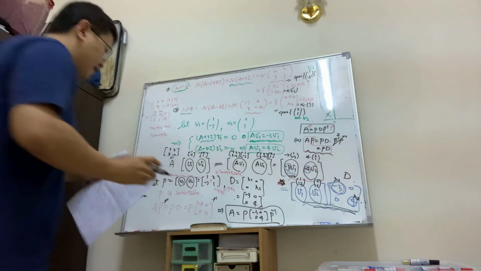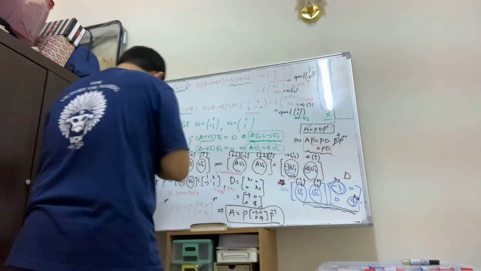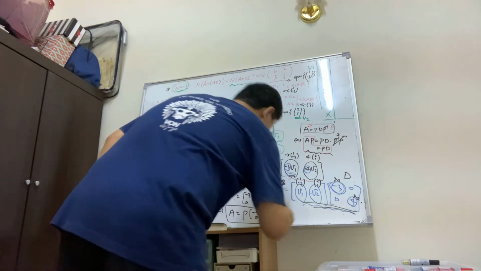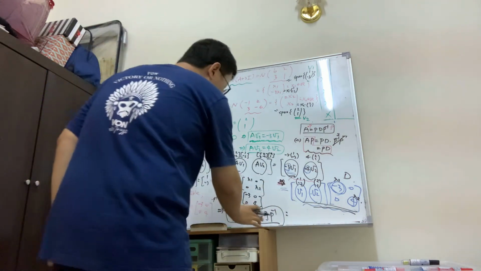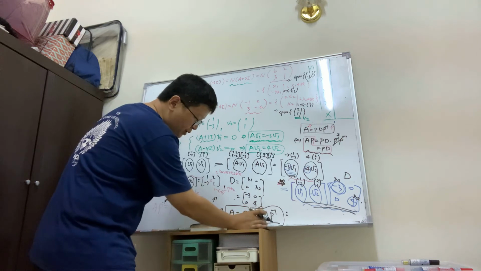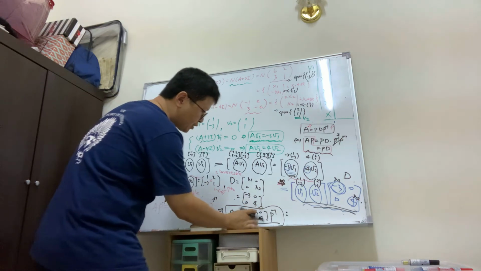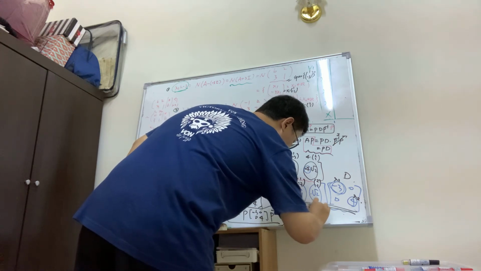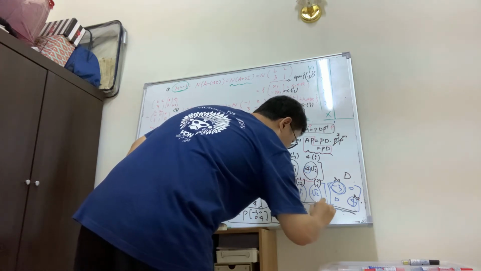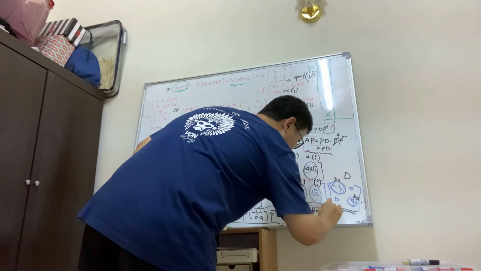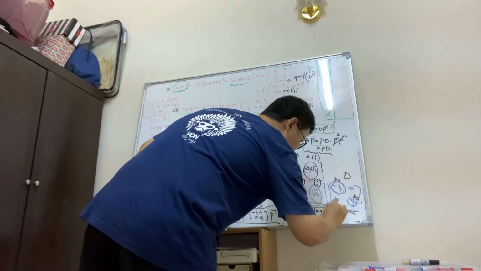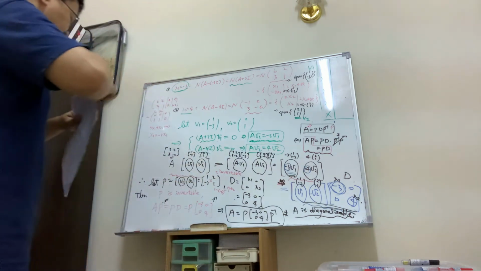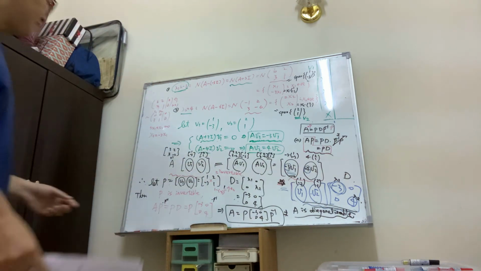It means that A and D are similar. A is similar to this one, which is a diagonal matrix, so indeed A is diagonalizable. If a matrix is diagonalizable, it has some nice results.